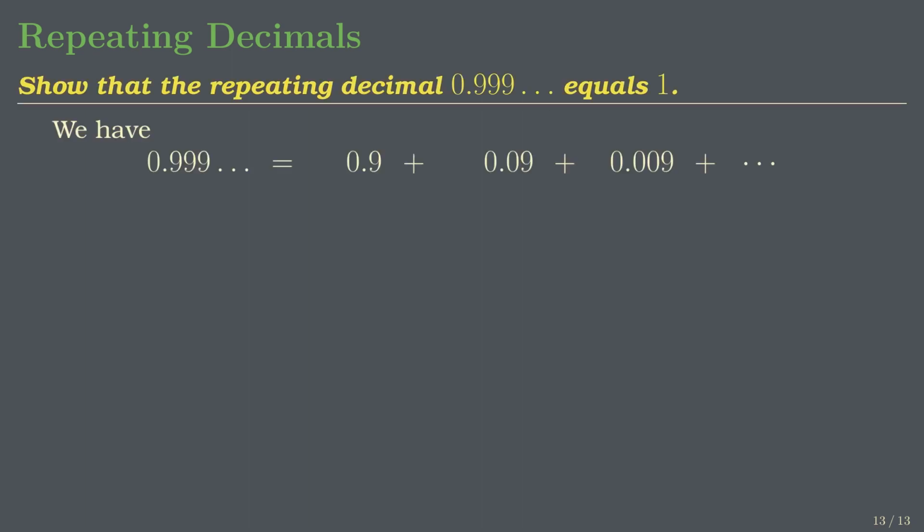Okay, so 0.999 etc. is computed by first taking 0.9 plus 0.09 plus 0.009 plus etc. And 0.9 is actually 9 over 10, and similarly we have 9 over 100 plus 9 over 1000 plus etc. Well, what is 100? It is 10 squared. What is 1000? It is 10 cubed.